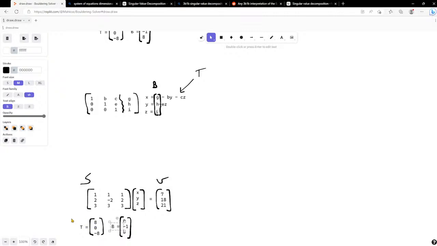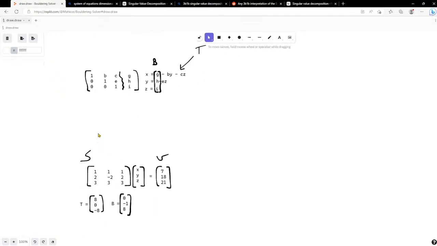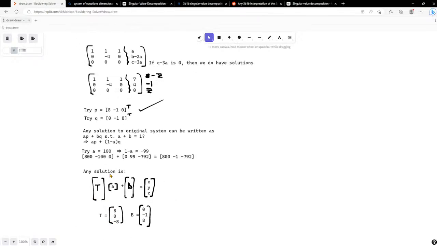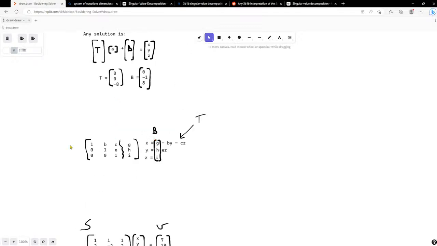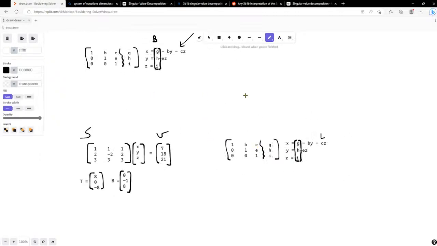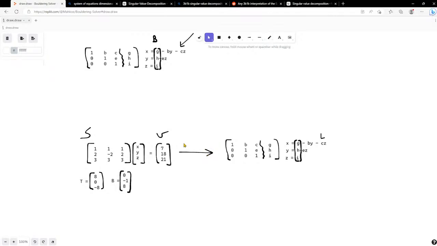I think T and B are not unique, actually. Because if I try to do and do, well, okay, let's just write down, so here we did RREF, I think that's the name of the operation here, reduced row echelon form.